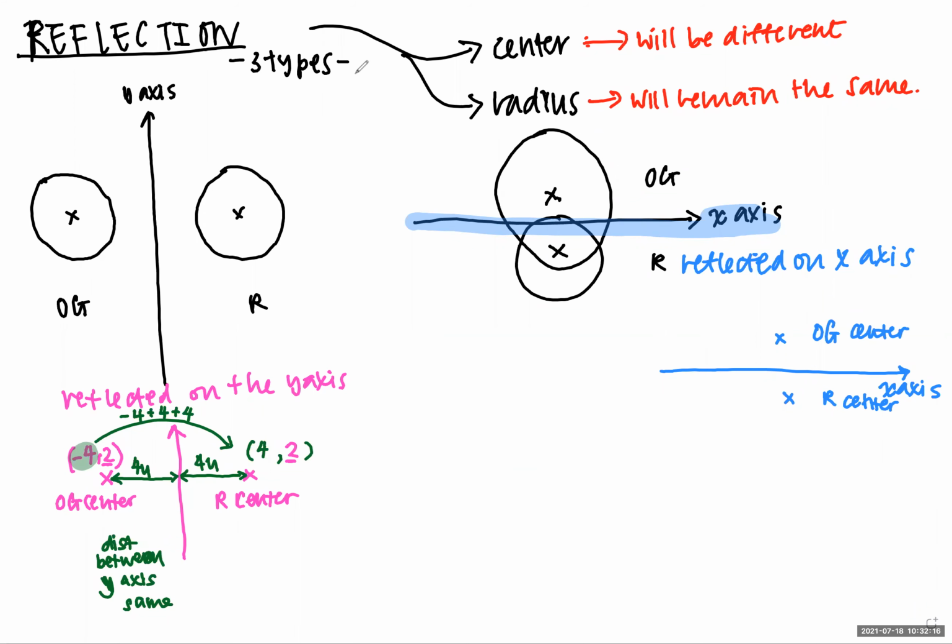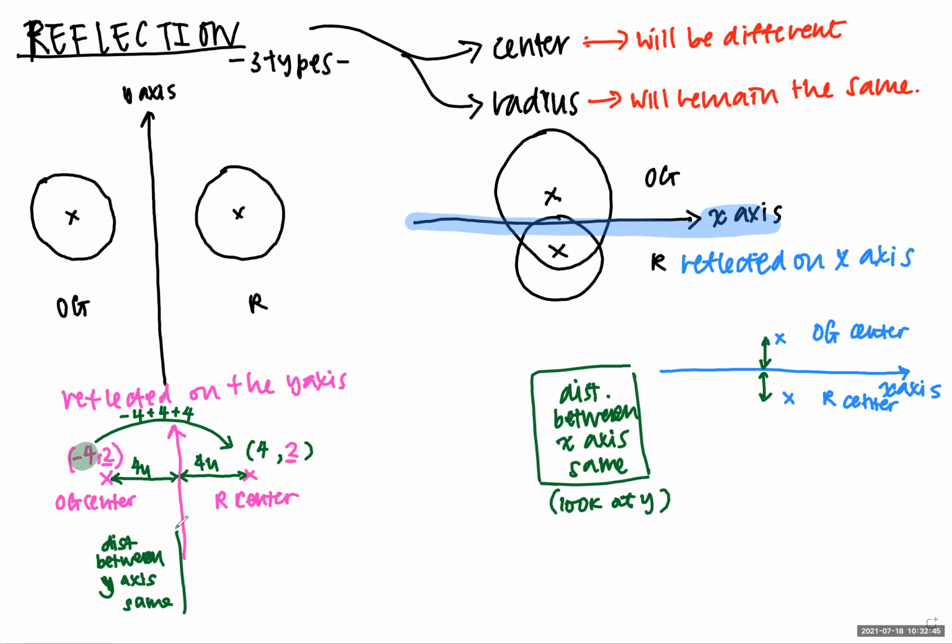So the one in green is what? What do you notice? The distance from the x-axis is the same, right? Correct? And the distance here is the same. But I look at the y or the x. Yes, I look at the y.